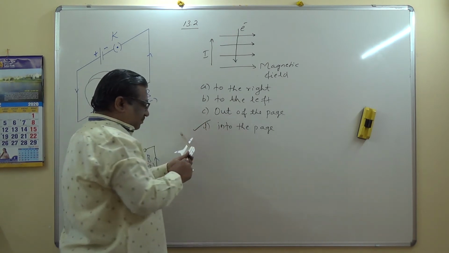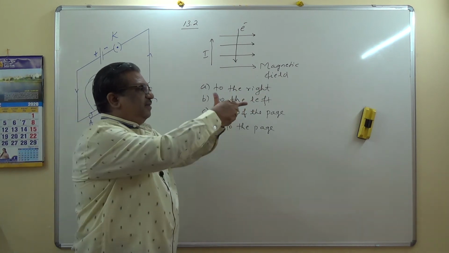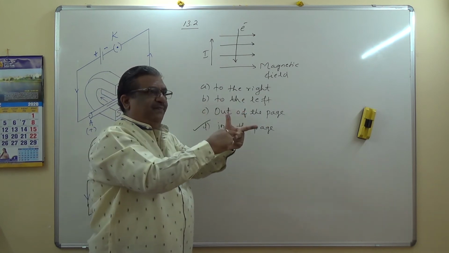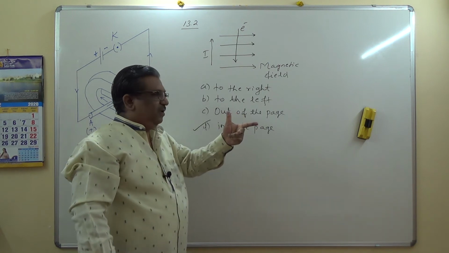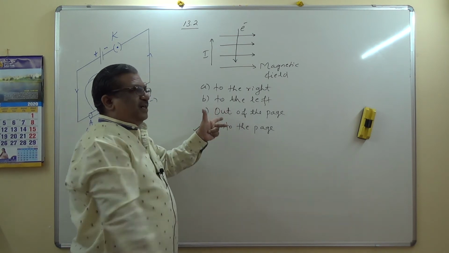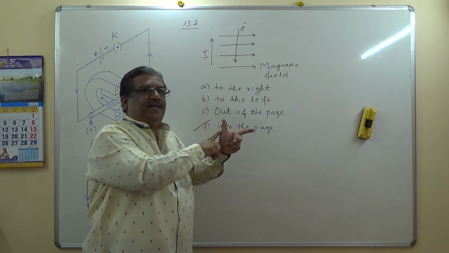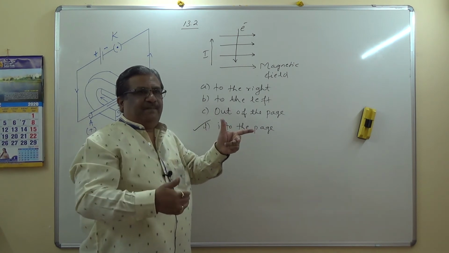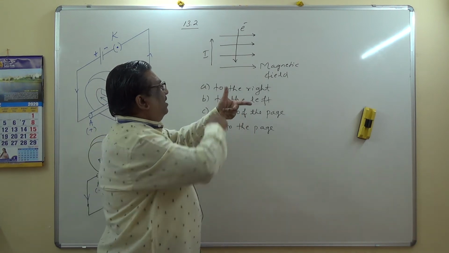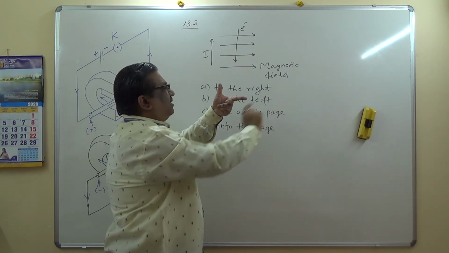and therefore option D is the right one. Let me once again explain to you. These are the three fingers, MFC: motion, field, current. According to Fleming's left hand rule, if the forefinger points towards the direction of the field and the middle finger points towards the direction of the current, then the thumb gives you the direction of displacement of the conductor or the moving charges. In this case, magnetic field is from left to right, and therefore the forefinger is adjusted.